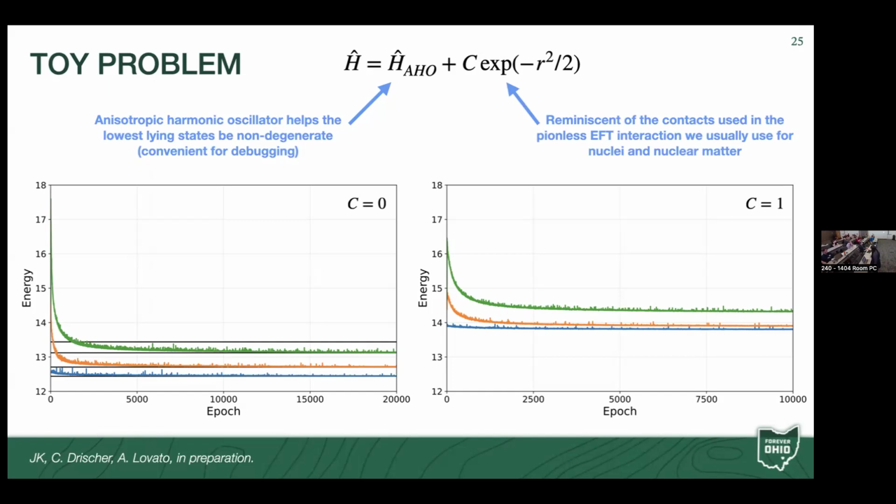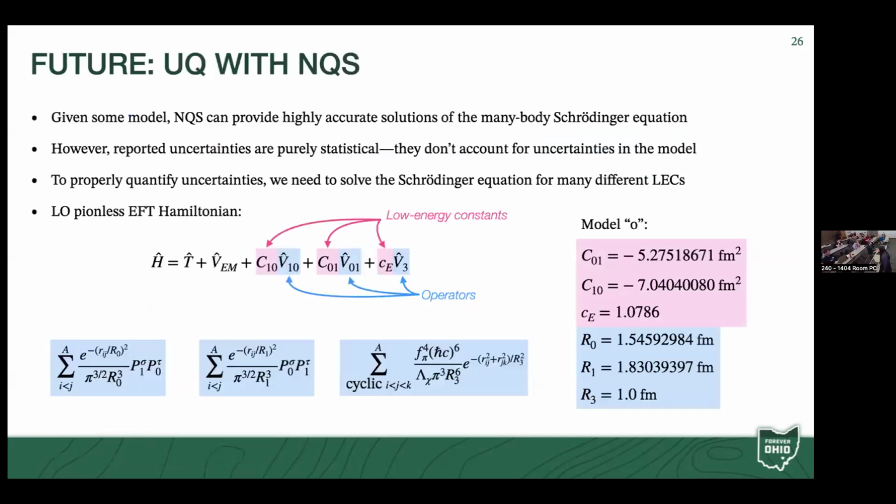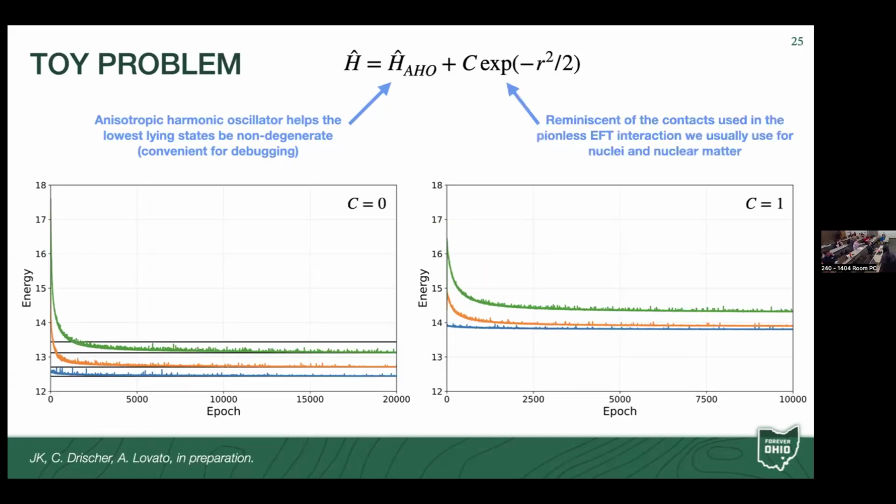And where I would like to take this at some point is uncertainty quantification. We already have snapshots. During this whole training process, I've been saving snapshots this entire time. But now I can do this entire process for different coupling constants.